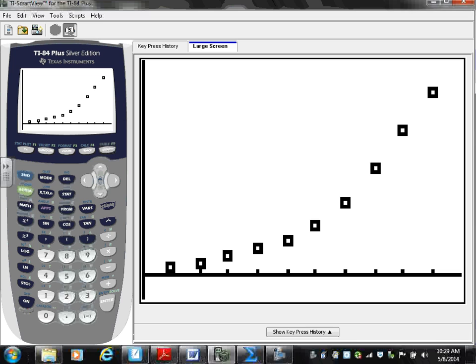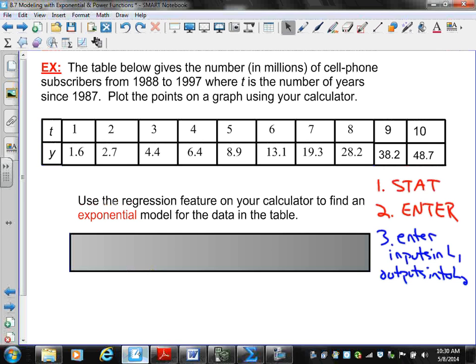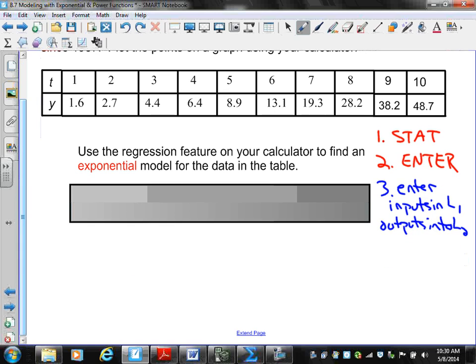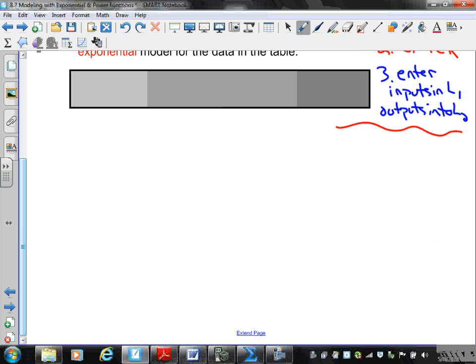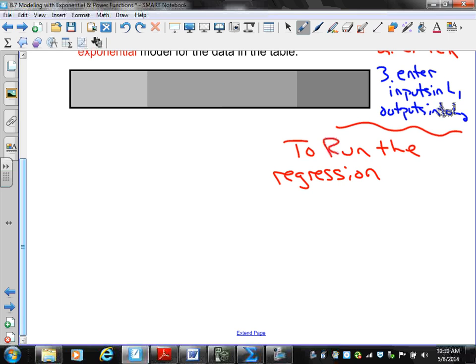So I'm going to go back to our list here and make a little bar here. So to run the regression, I'm going to go back to step 1, and I'm going to go back into stats. And I'm going to go over to where it says calc.